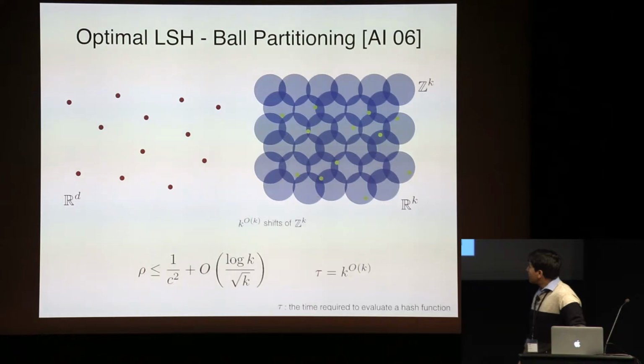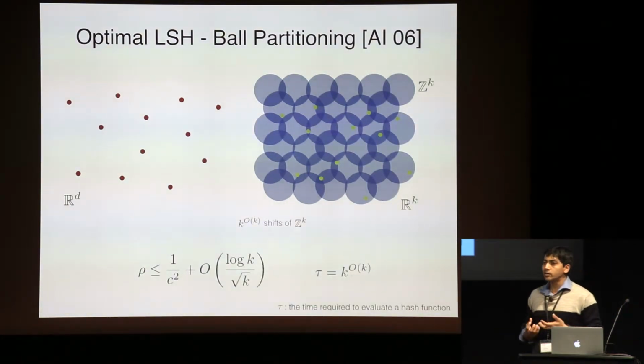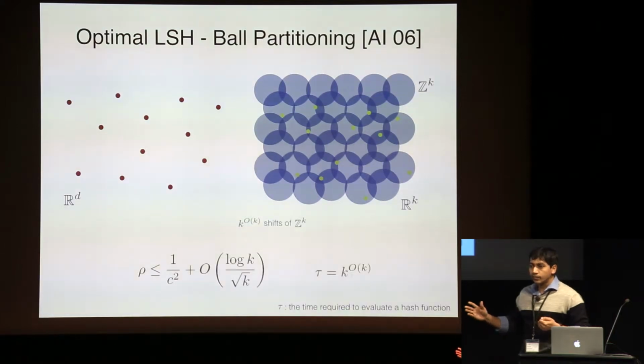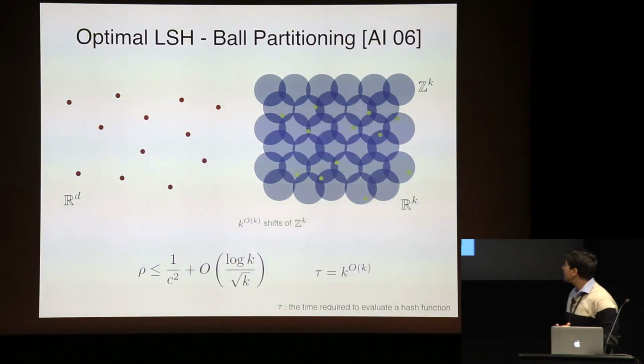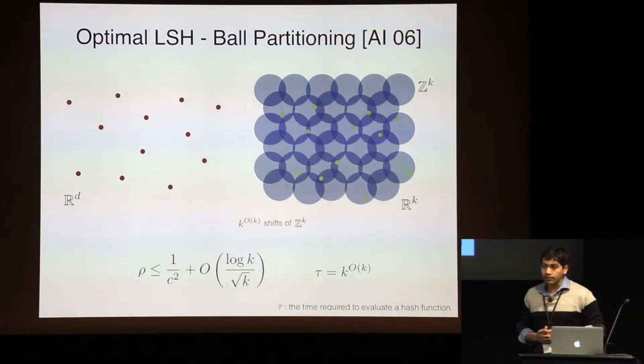The main drawback here was that to store the hash function description, you needed to store all the k to the k shifts. So the hash function description was expensive. Also, to evaluate the hash of a particular point, you might have to iterate over all the k to the k shifts, which made this approach prohibitive for practical application.